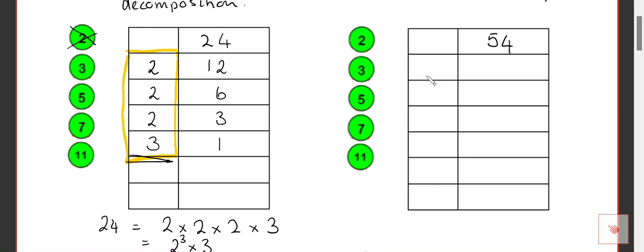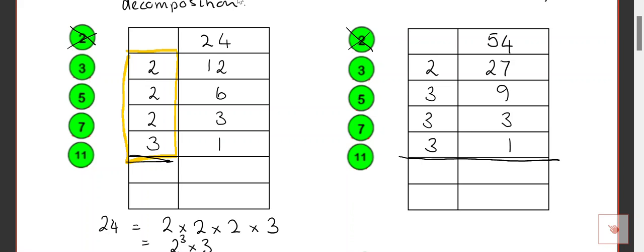So, first off, does 2 go into it? So 2 and 27. 2 doesn't go into 27, so I'm going to cross the 2 out. Does 3 go into 27? 3 times 9. Does 3 go into 9? So 3 times 3, and 3, obviously, then 1.